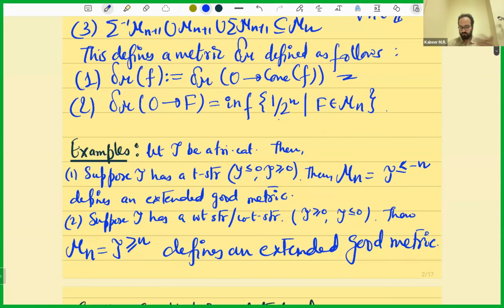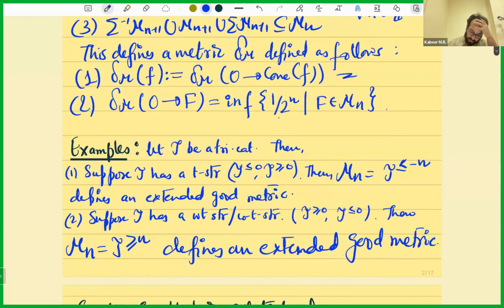So here are some important examples of extended good metrics. Let T be a triangulated category, and suppose T has a t-structure. Then you can take Mn, the ball of radius 1/2 to the power n, to be the nth suspension of the aisle of the t-structure. This defines an extended good metric.